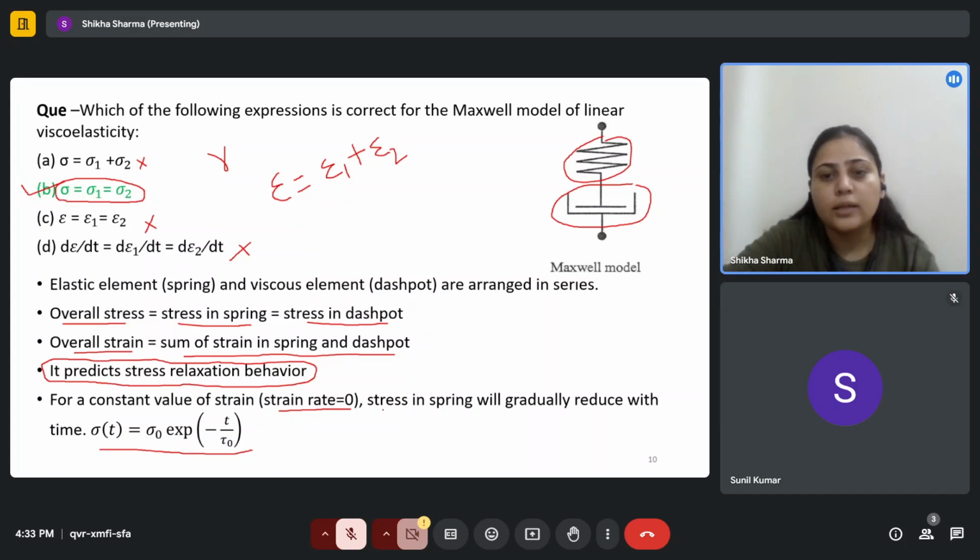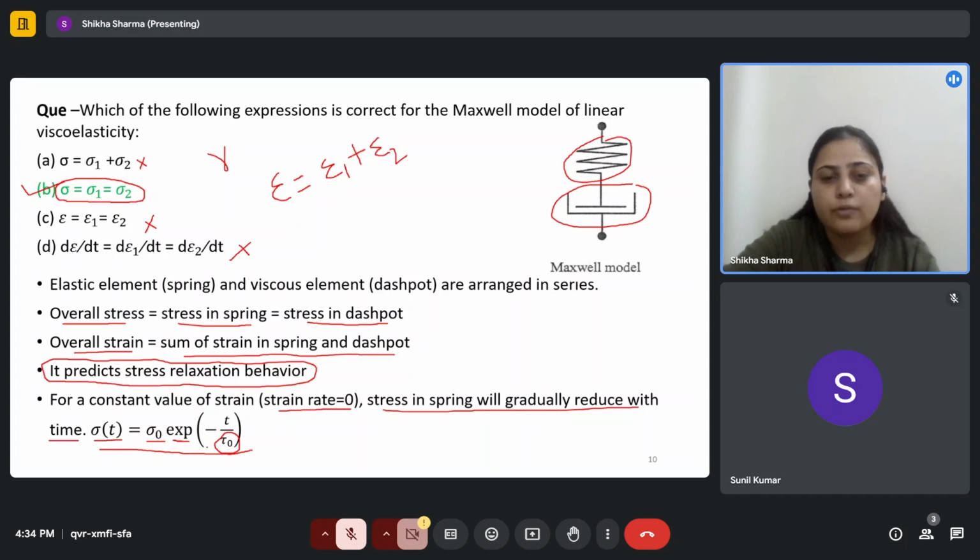At that time, the stress in the spring will gradually reduce with time, right? And how will the stress decrease? The stress at time t equals the initial stress, and it will decay exponentially: sigma(t) = sigma_0 exp(-t/tau_0), where tau_0 is the relaxation time.